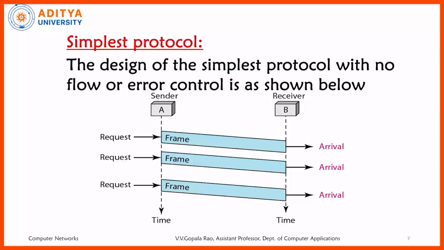Because it is a noiseless channel, you need not check whether the frame reached the destination, because there is no traffic congestion; only one frame is in the channel, so definitely it will go to the destination. There is a guarantee that all frames finally reach the destination.